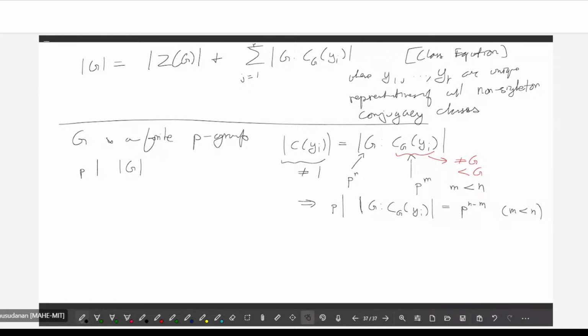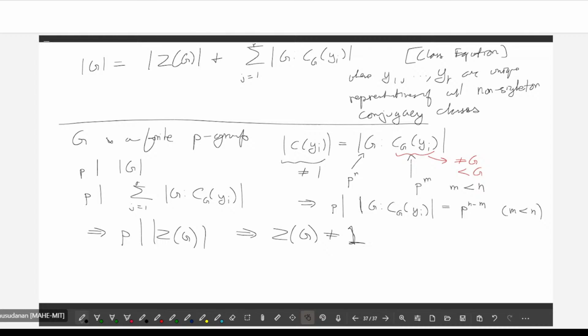So what do we have in this? p divides the left side, and also p divides this summation because it divides each term in the summation. So therefore, p divides this term, which means Z of G is a non-trivial subgroup.